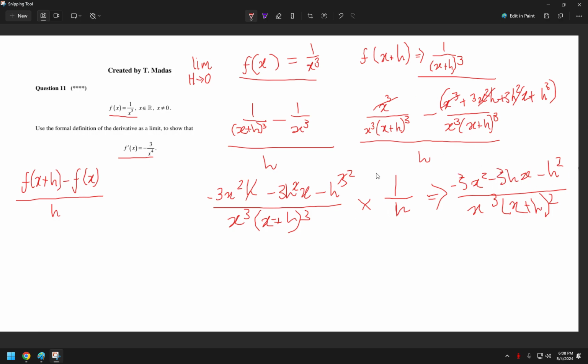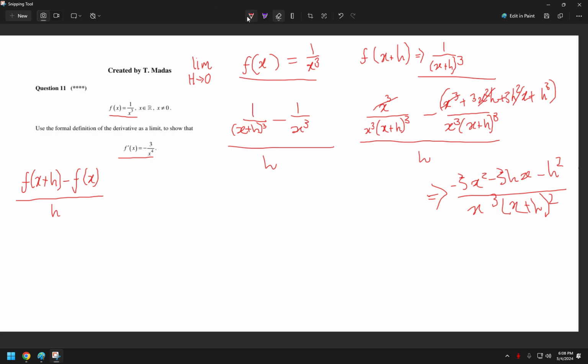So when removing the h from the denominator, we get this. Now we can't do anything else, so we would expand the denominator, because that's the last step before we turn h to 0.